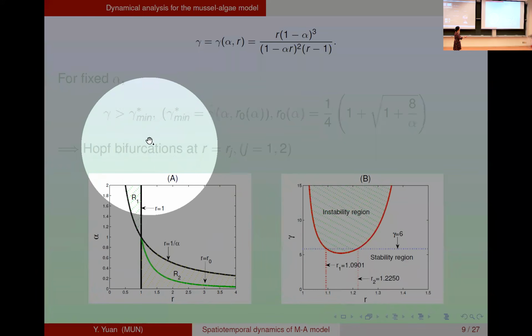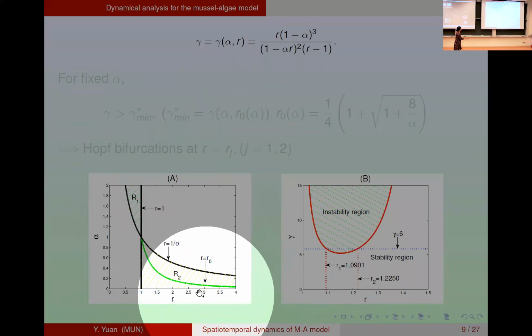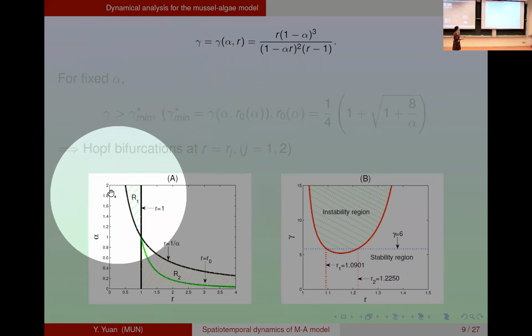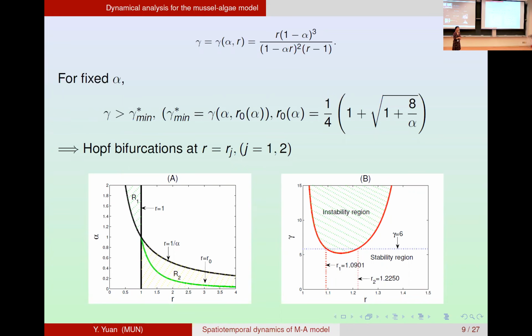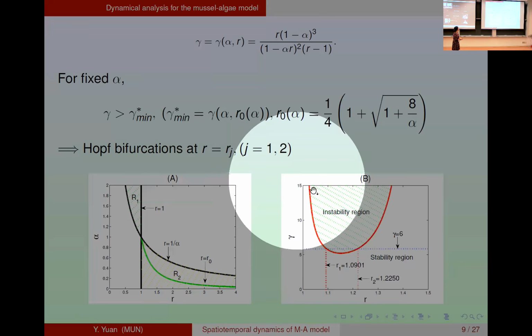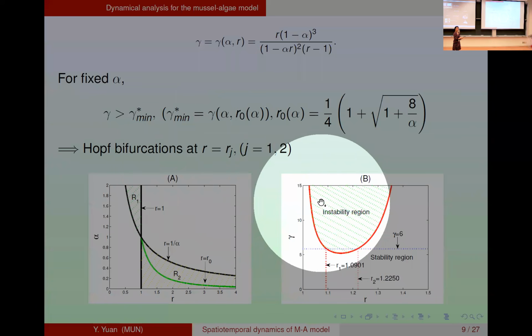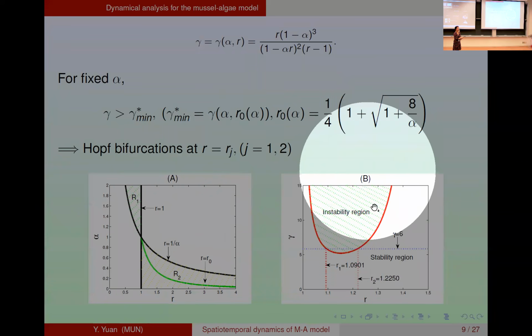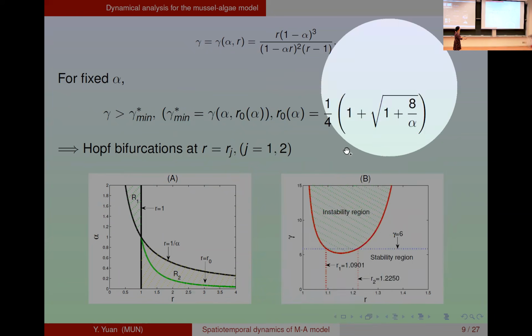R1 is unstable, while R2 depends on the location of this green curve; it could be stable or unstable. It's better to view this in 2 dimensions than in 3 dimensions, so if we fix the parameter alpha, then the Hopf bifurcation can occur at these 2 particular R. Here this is R1 and R2.